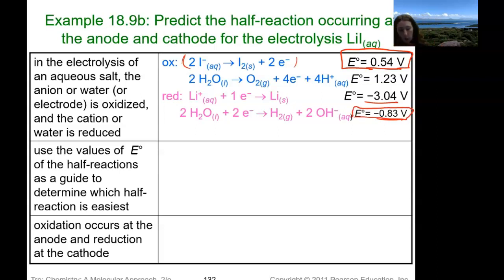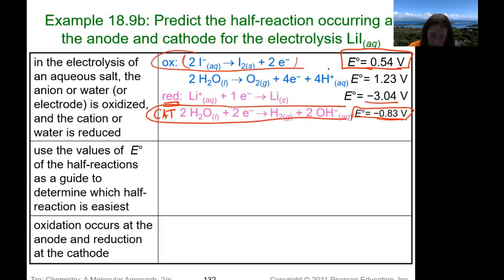And so therefore, water is going to be reduced and iodine is going to be oxidized. If we want to know which one's at our cathode, reduction, always red cat. Reduction is always at the cathode. So this will be our cathode. And oxidation, this will be our anode.